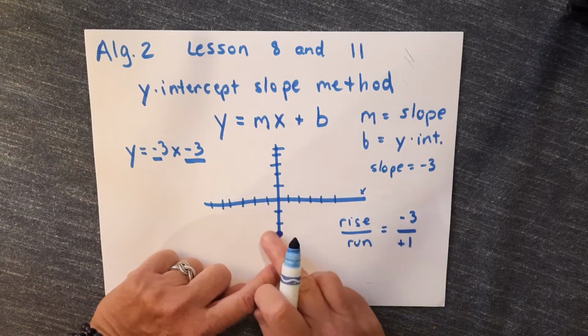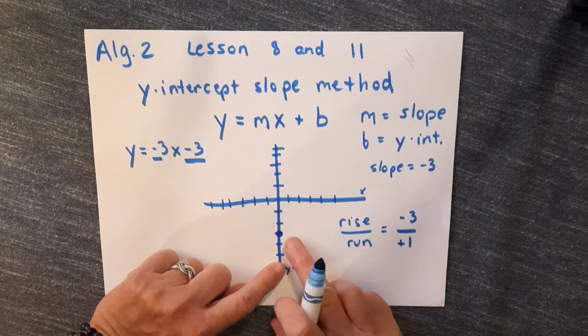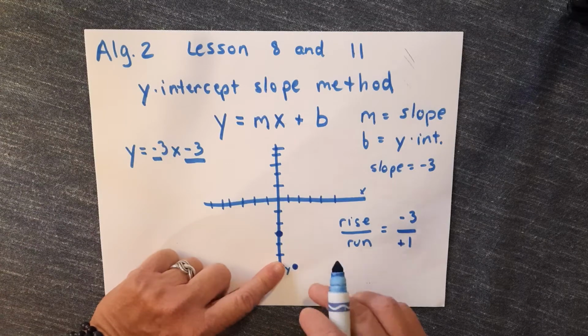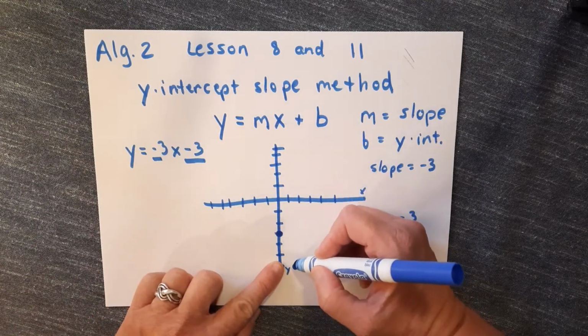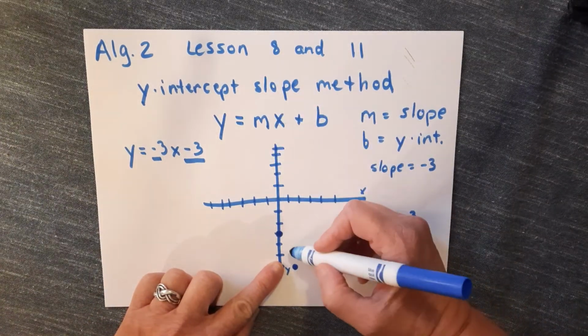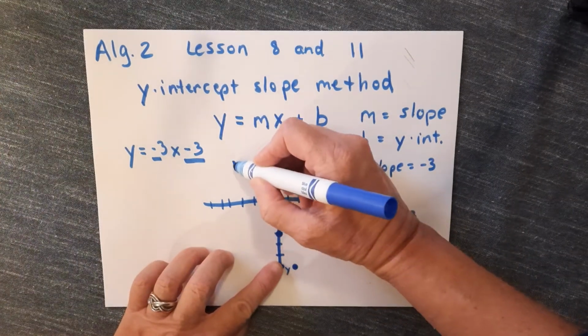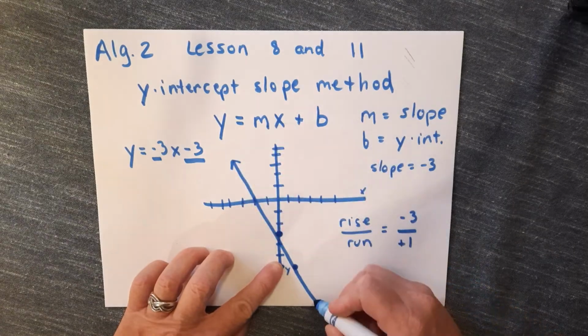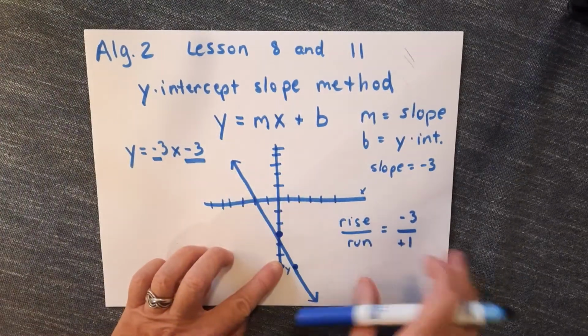So our slope means that every time it goes down 3, it goes over 1. Now we have this dot, and I forgot to grab my ruler, but with a ruler you would connect those two dots, and that is the graph of this line.